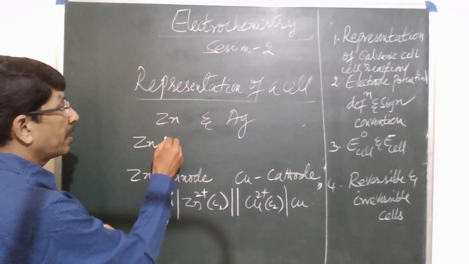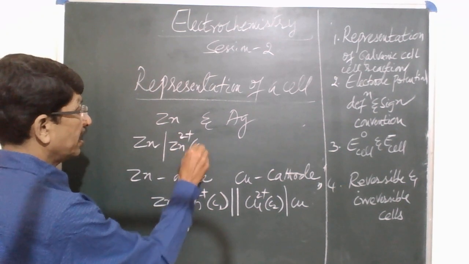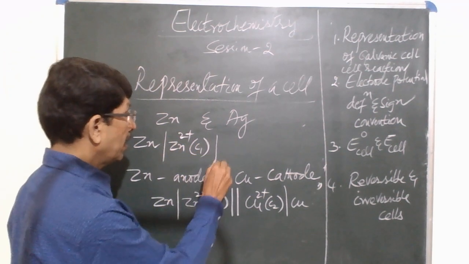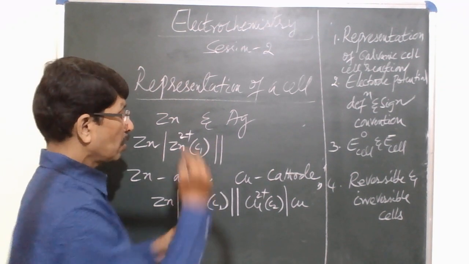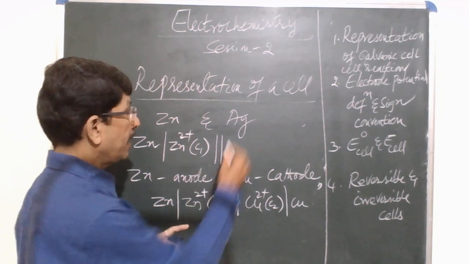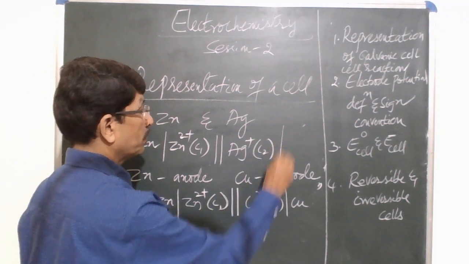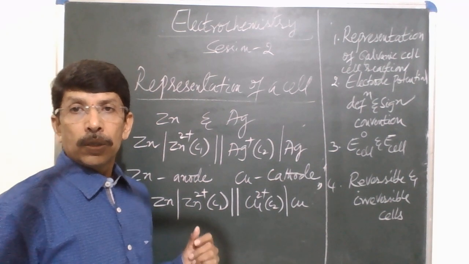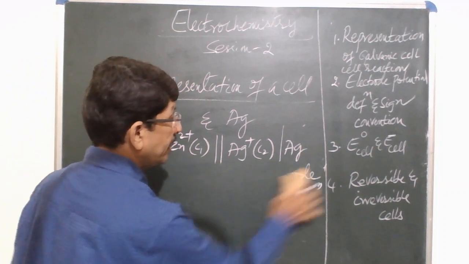Very simple. Zinc in contact with Zn2+ ions of concentration C1, connected by a salt bridge, represented by two vertical lines, to the silver electrode, with silver ion concentration C2. This is silver. Okay, so this is how we represent a galvanic cell.